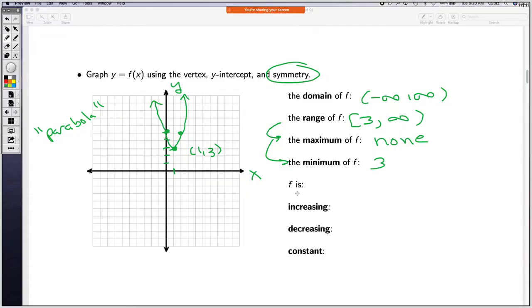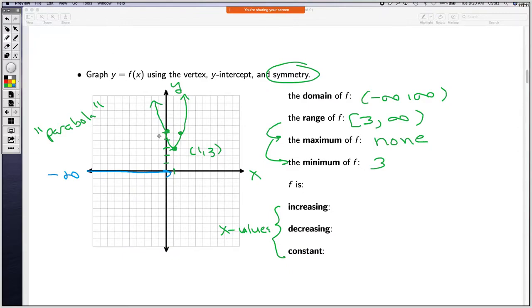Now, looking at where f is increasing, decreasing, or constant, remember we're looking for x values here. If I imagine coming in from minus infinity, we have to imagine the parabola going up and further to the left. So as I come in from the left, I'm heading down the parabola.